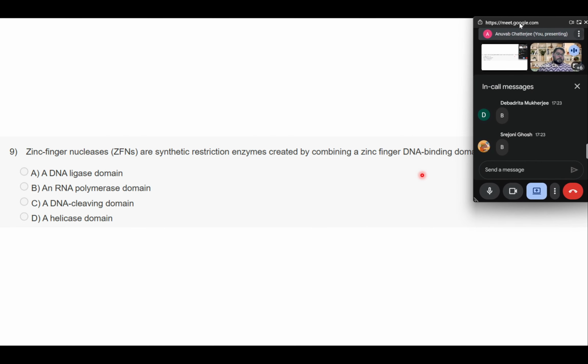So how is a zinc finger nuclease made? So you have a zinc finger motif, but what is the other part? So you can put in what you think is the correct option in the chat.